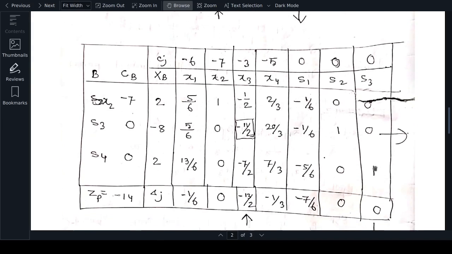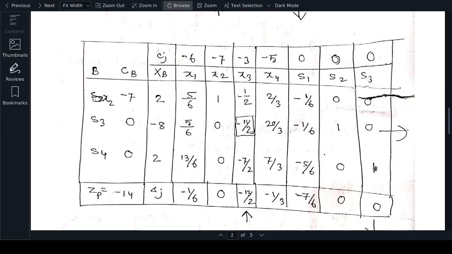Divide by minus 6. So minus 12 by minus 6 is 2. Then minus 5 by minus 6 is 5 by 6. Then 1. Next one is minus half. Next one is 2 by 3. Next one is minus 1 by 6. Next one is 0. Next one is 0.